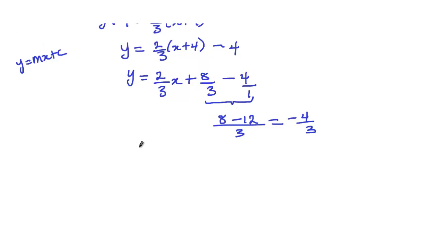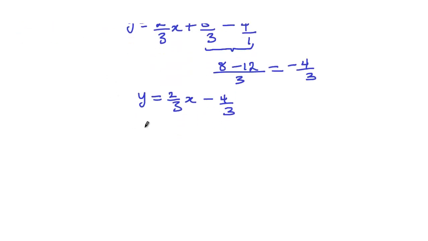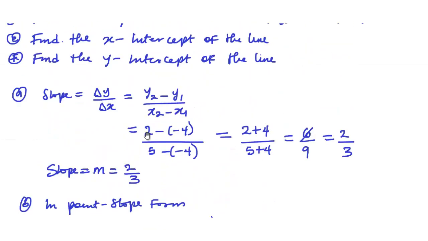So I have y is equal to 2 over 3x, then minus 4 over 3. If I place it side by side with y is equal to mx plus c, this implies that our m, which is the slope, is 2 over 3. And c, which is the y-intercept, is minus 4 over 3. So let's go back to the grid and let's see if that is true.